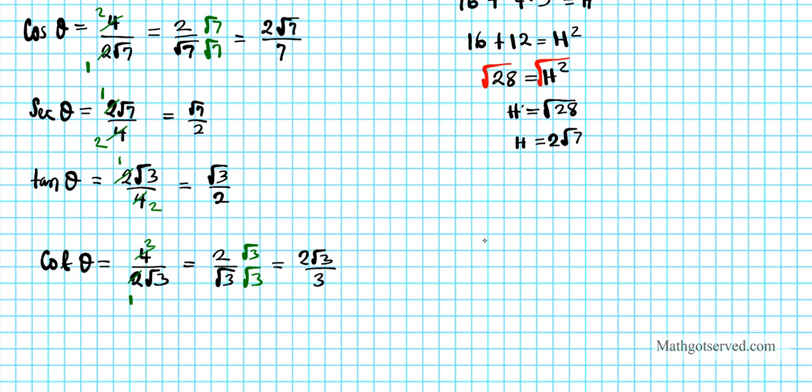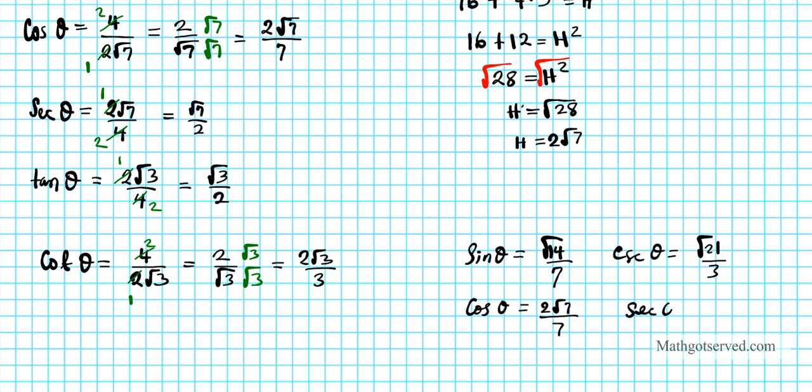Let's organize them in a nice list. We have sine theta equals root 14 over 7. Cosecant theta equals root 21 over 3. Cosine theta equals 2 root 7 over 7.